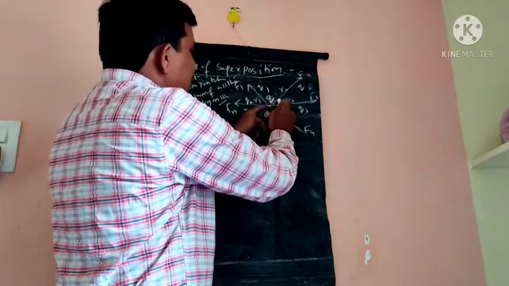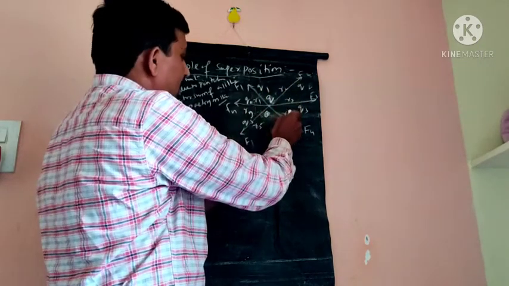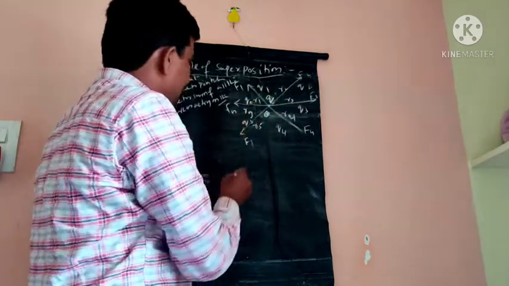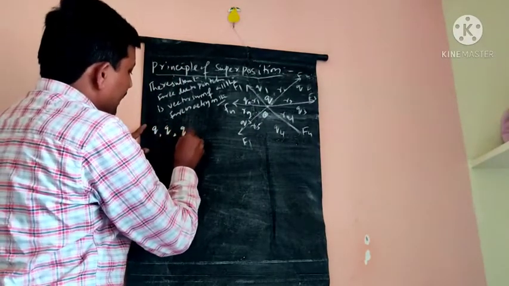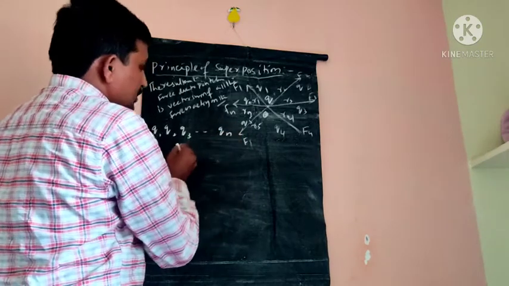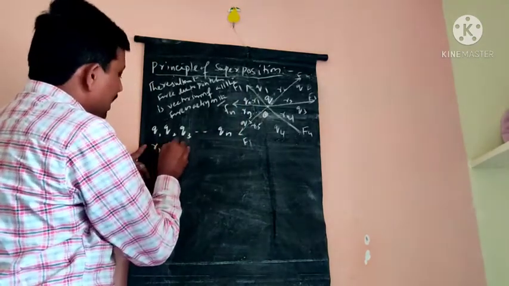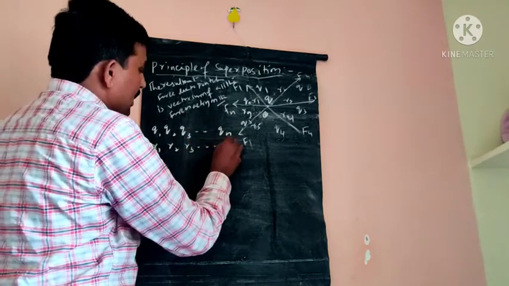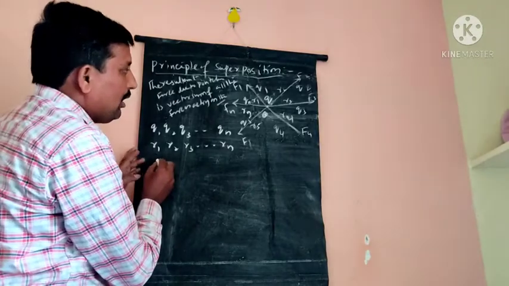The respective distances from Q are R1, R2, R3, R4, R5 and so on, Rn.